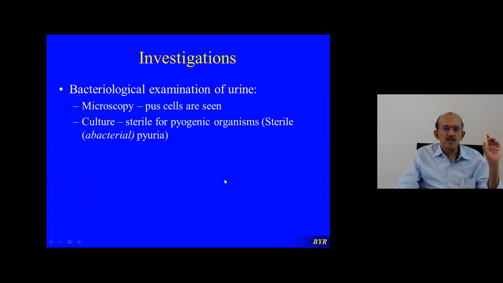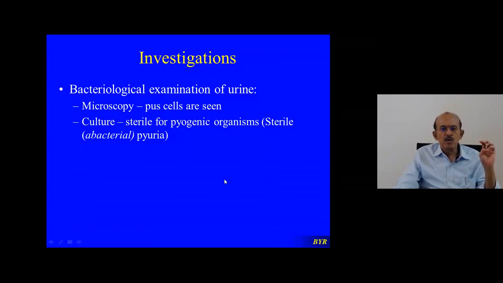It cannot show the tuberculous bacilli. For growing tuberculous bacillus, you need a special culture medium, like Lowenstein-Jensen medium. That is not regularly used. Only when you suspect tuberculosis, then you go for LJ medium.